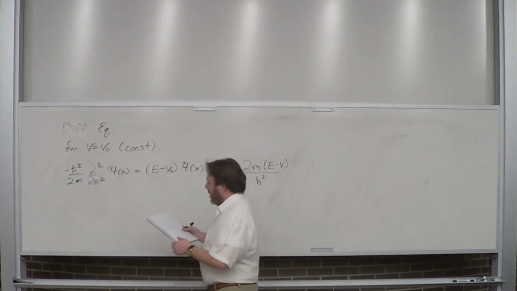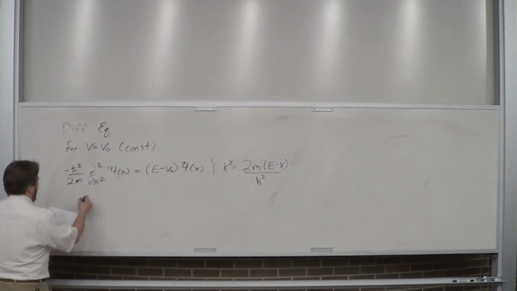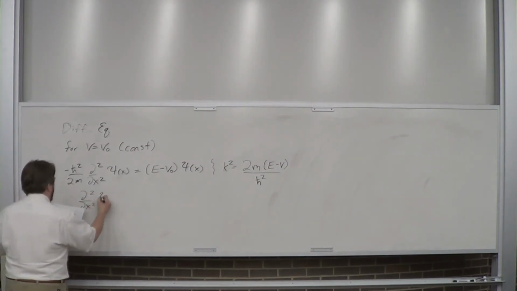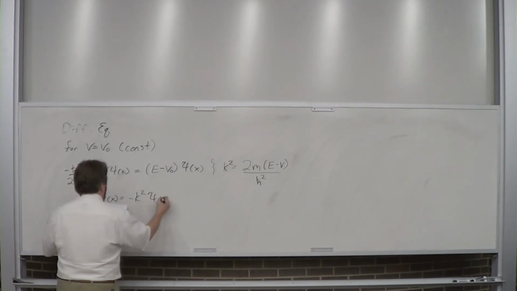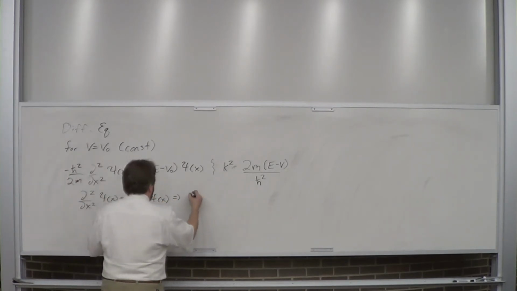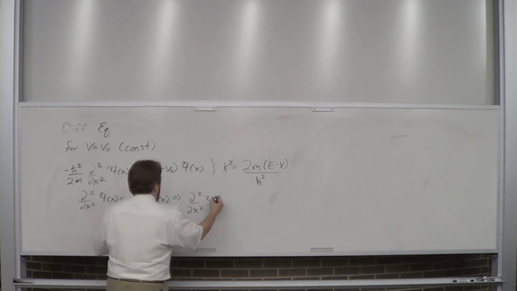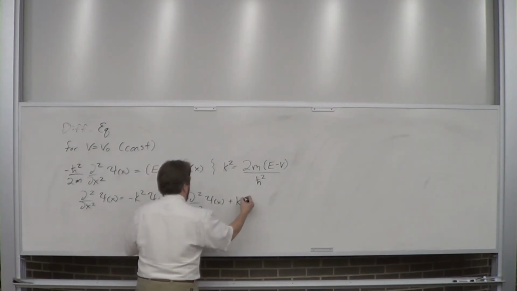So, okay, now when I do that, what I then have is our double derivative, and it's equal to minus k squared times the wave function. Now mathematicians like to put it this way. I like sometimes to work problems by bringing everything over to the right.